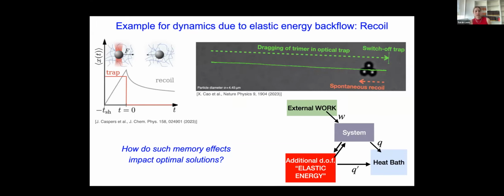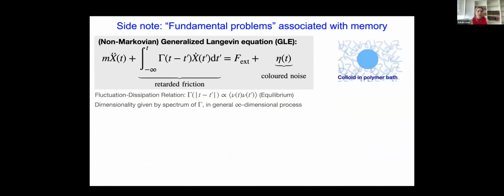And now if you want to optimize processes that have these memory properties, you would ideally like to recover this energy as much as possible. So I'm interested in the question how such thermodynamic processes look like if you have memory, and how optimal solutions look like. As a side note, there are some fundamental problems associated with having memory and doing thermodynamics.